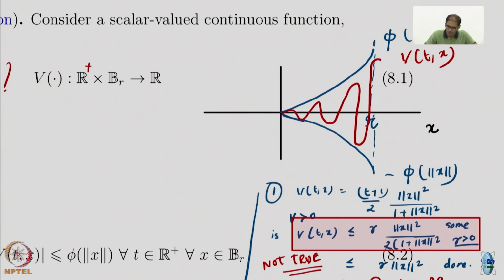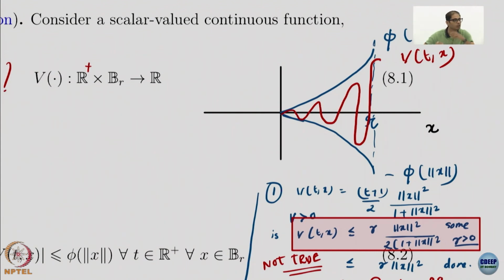Now for decrescence what do we need? We need it to have some upper bound with some class K function. Usually it is not very easy to claim something like this, in the sense you would be very hard pressed to prove that there does not exist a class K function which dominates this function.